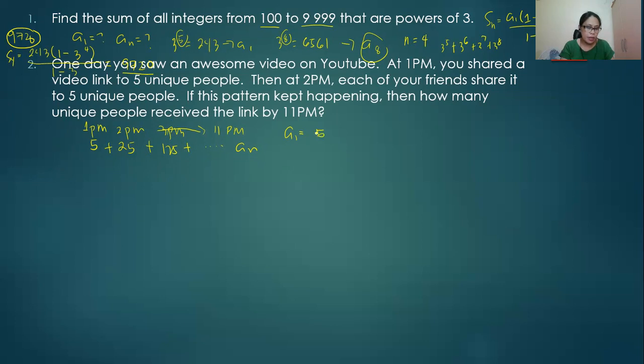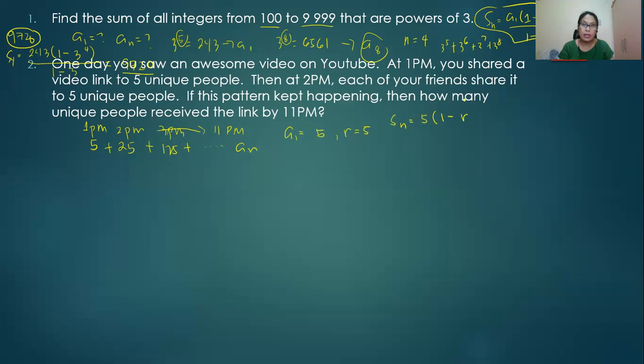And then r is 5 as well. So S sub n here is equal to, substituting the given in the formula here, a sub 1 equals 5, quantity 1 minus r to the 11.